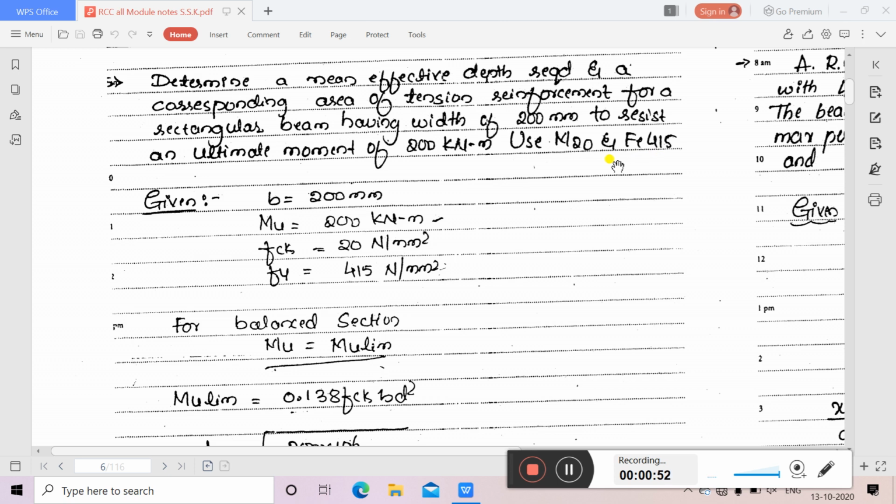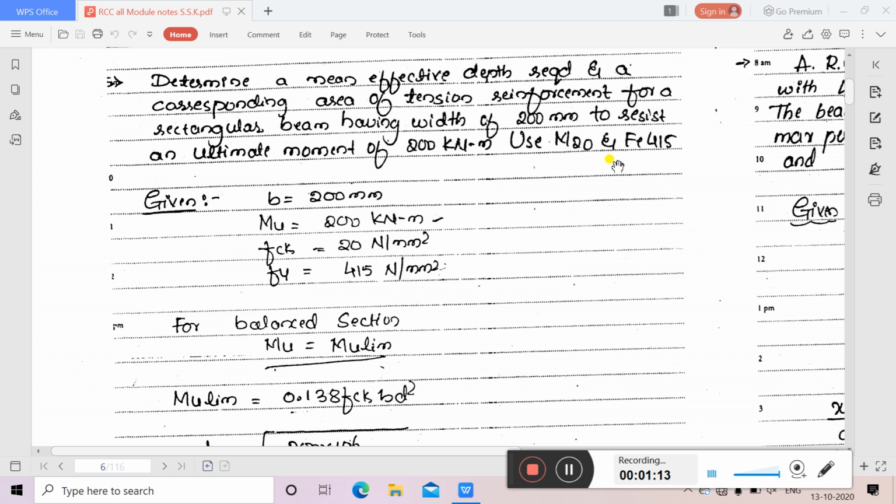Earlier we have discussed how to calculate moment of resistance, that is Mu, whereas here we will be calculating the depth of beam required. For example, we don't know what exactly the depth to be taken, and we need to assume some parameters also.